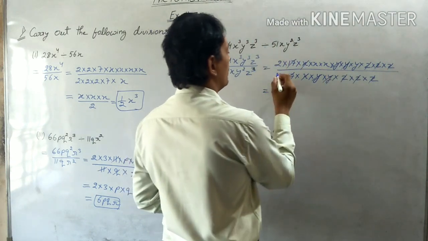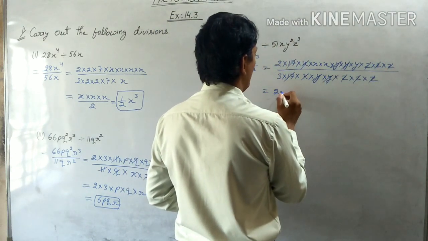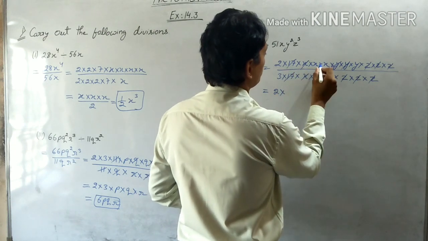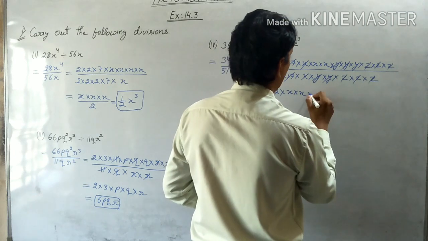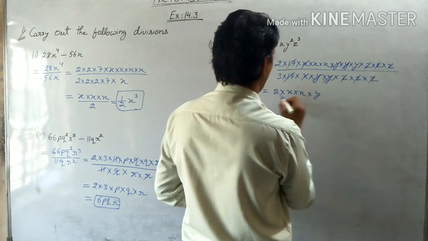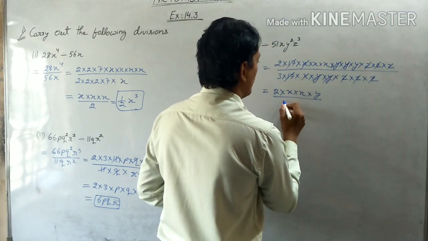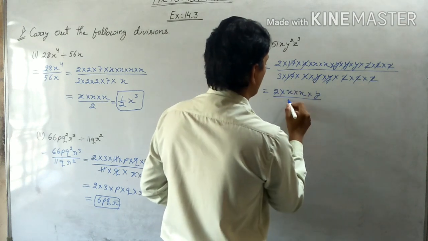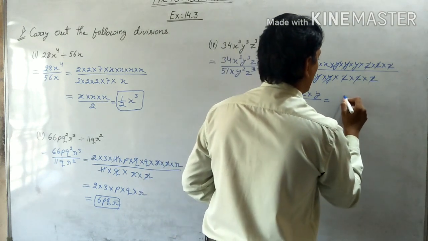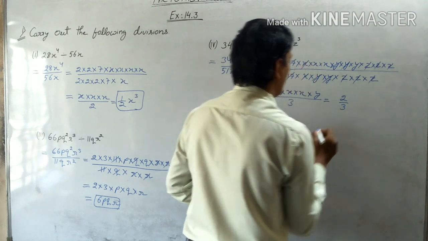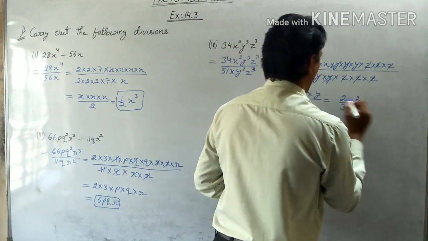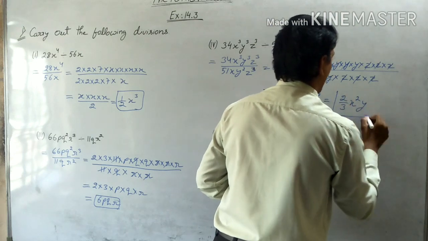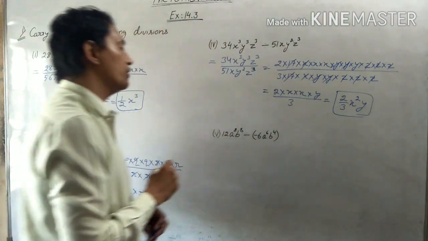So what you are remaining with is 2 into x into x into y, and in the denominator you are left with just 3. So this expression can be written as 2 upon 3, x into x is x square, and y. So this is your final answer after division.